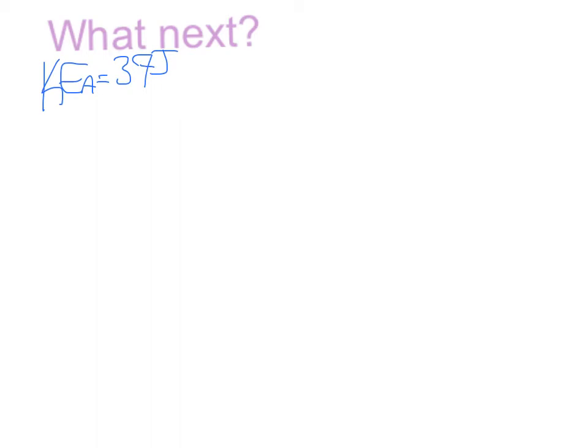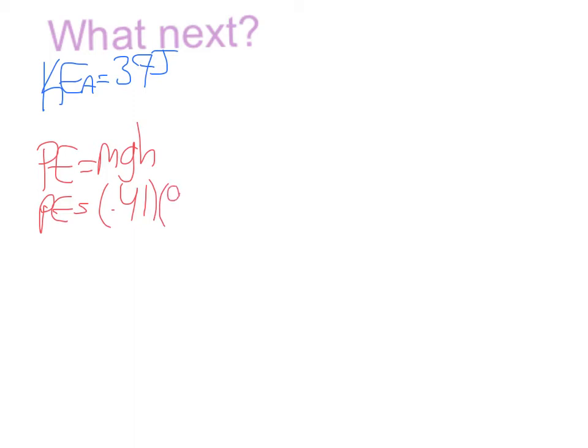So if we start out by finding the potential energy at point A, we have our equation for potential energy, PE equals mgh, and so we're going to solve for PE. So we have PE equals, in the problem it said it was 0.41 kilograms times 9.8, because that's always g, and then the height that was given in the problem is 12.0.